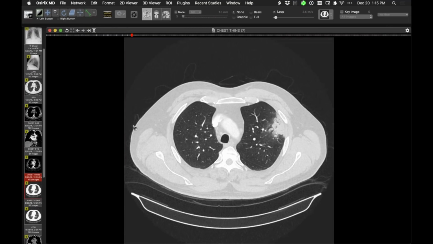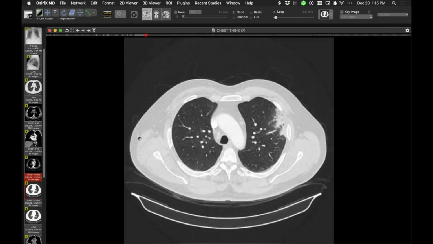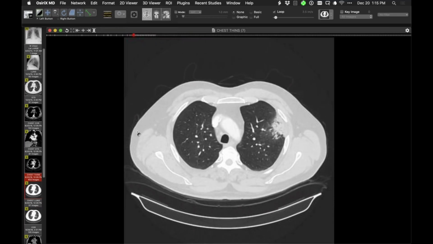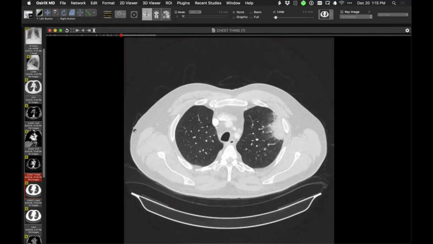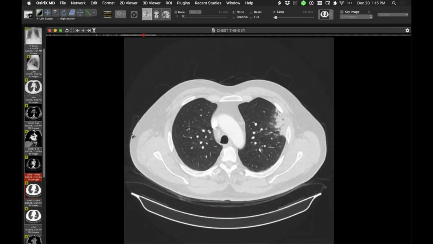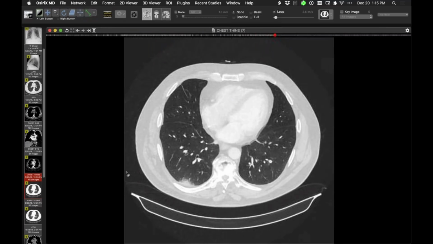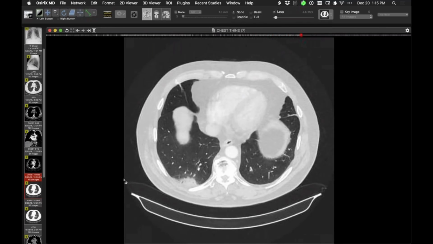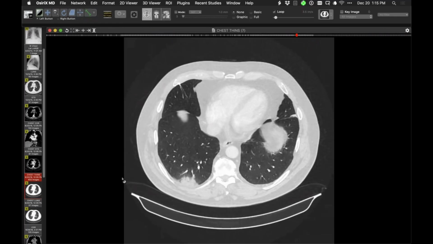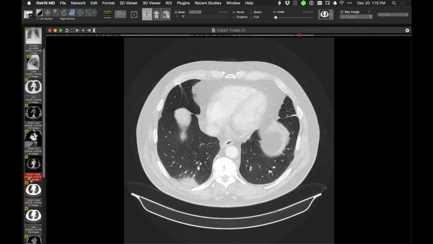At that point in time, he developed opacities in his lungs that looked like this. So there is non-segmental opacity, poorly marginated with adjacent lung, but traversed by patent airways. And it's multifocal, so at that time in the left upper lobe and in the posterior right lower lobe.